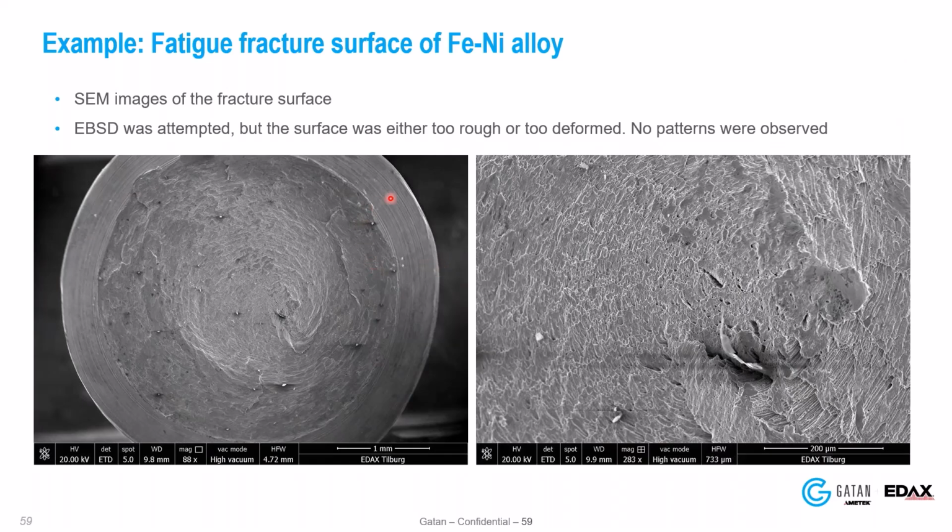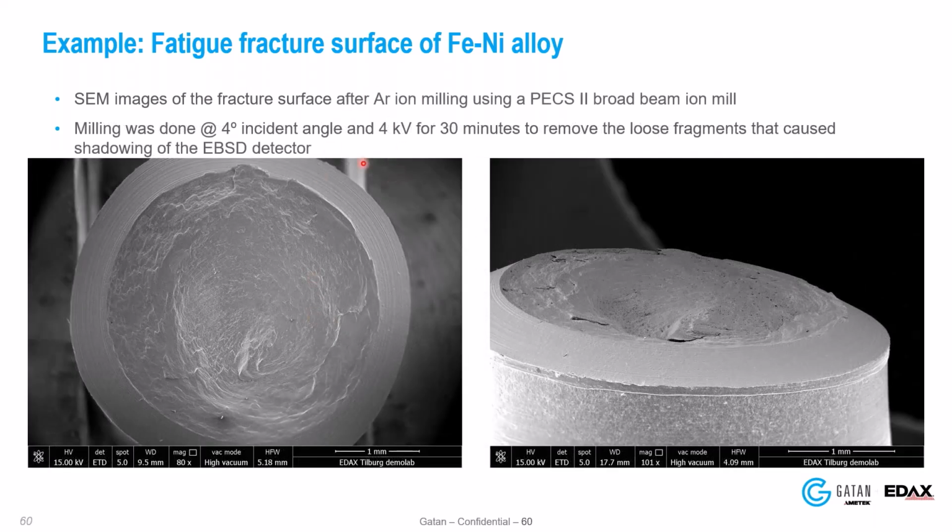Taking a next step from a sample, this is a fracture surface. This is an iron nickel alloy that was fractured, and we tried EBSD on this to start, and there were no patterns whatsoever, nothing to start with. So what we did here is we put this into our PEX2.